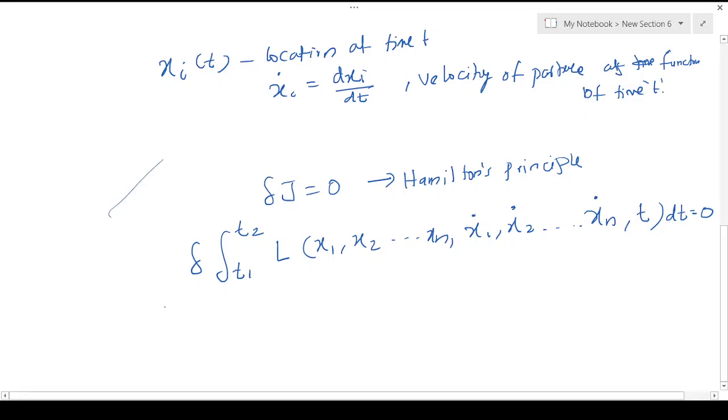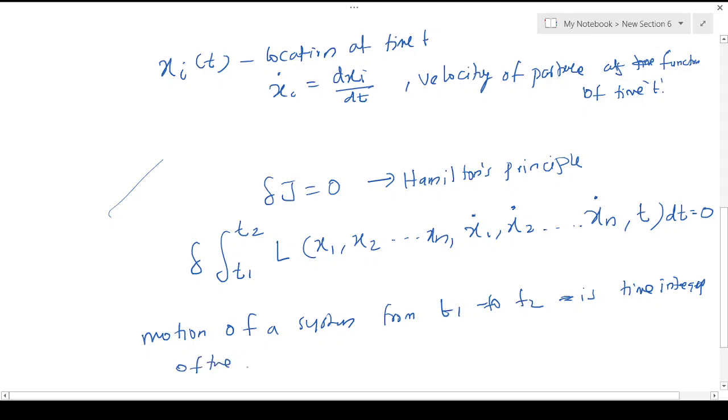So when you consider the motion of a particle, or a system, from t1 to t2, it is the time integral of the Lagrangian. Here you can see that f is replaced with L, the Lagrangian associated with the system. Del J equal to 0 means we treat the action as a stationary value.